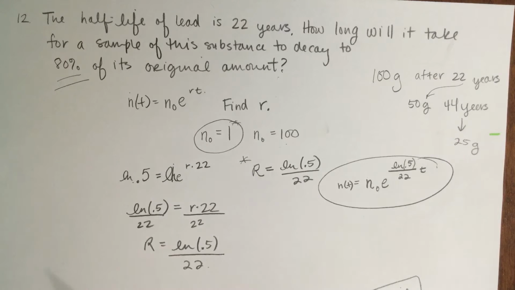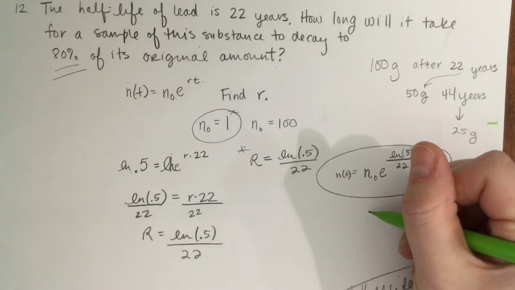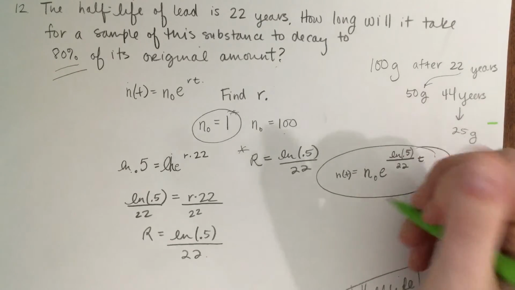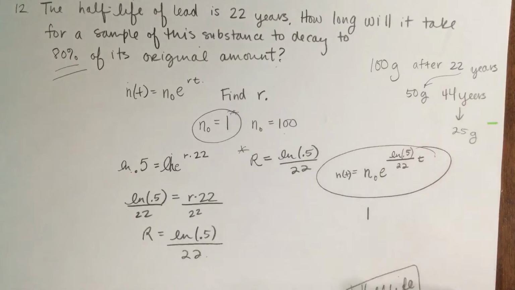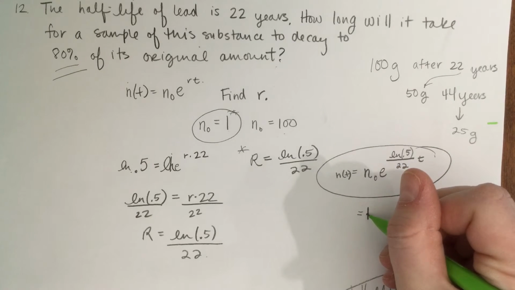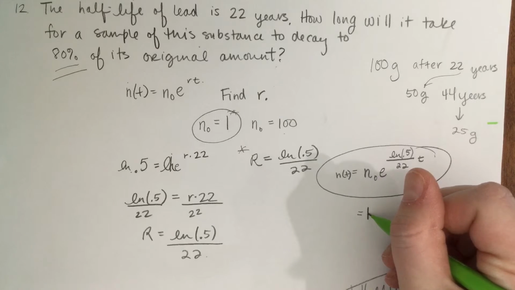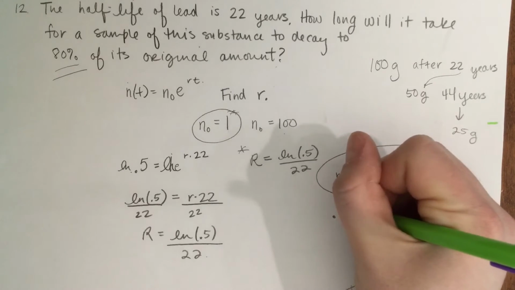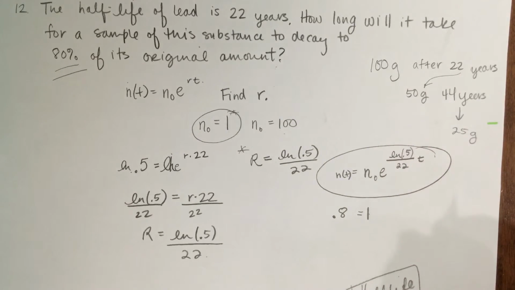So we should expect our time to be between 0 and 22. Now, again, I don't know how much I'm starting with. So I'm again going to start with 1 because I know that 80% of 1 is 0.8.